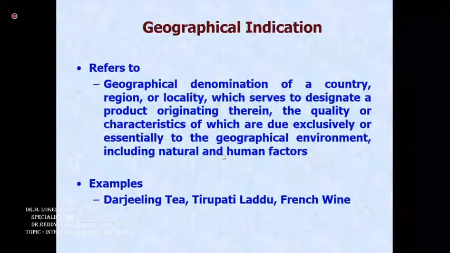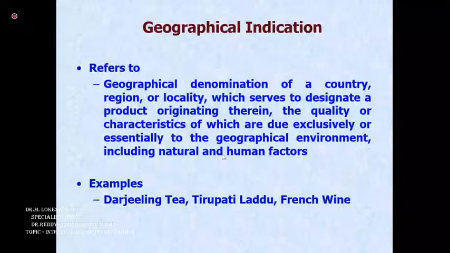In simple words, if we grow some crop in a particular place, it gives its own taste because of the soil or environment of that area. That taste may not come in other soils or other places. The crop growing in a particular soil has unique features like taste or smell or something else. Those types we can protect.